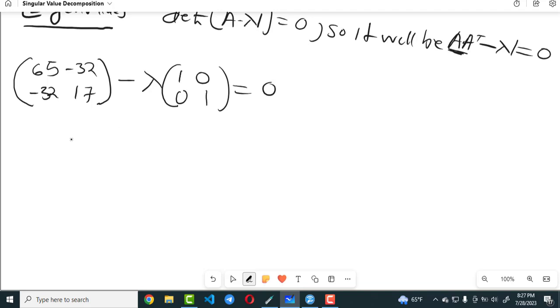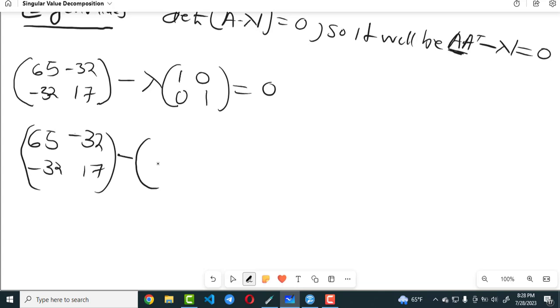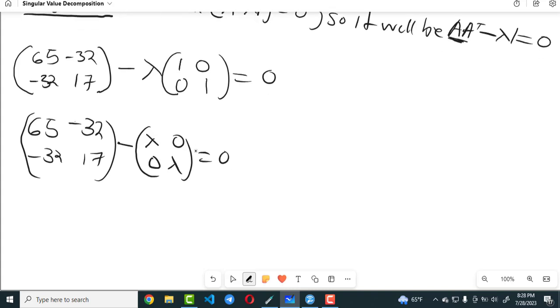And if we are to subtract this, multiply this with the identity matrix, we get our identity matrix here. So if we multiply with a scalar lambda, we get lambda 0 0 lambda here equals to 0.